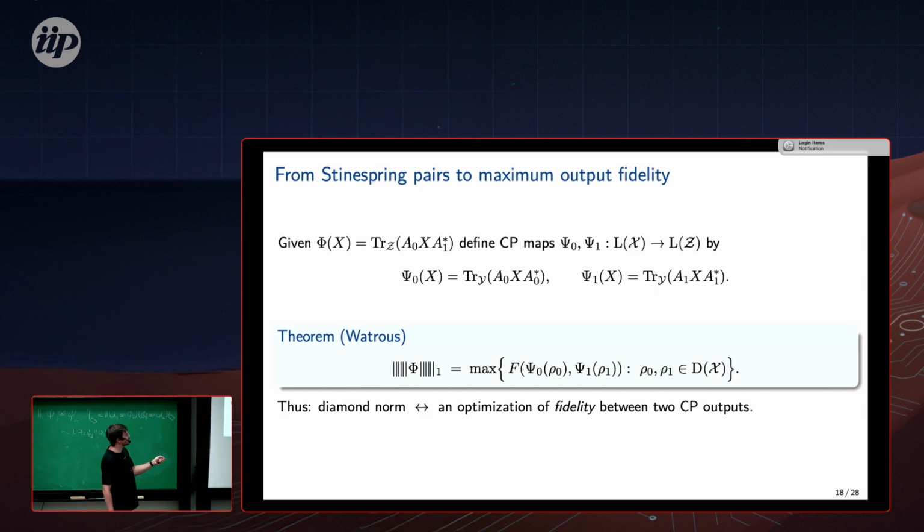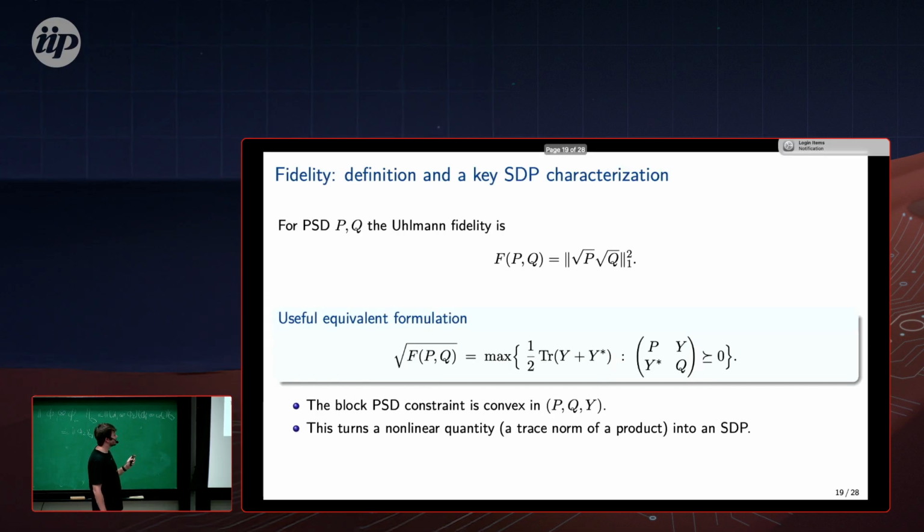Remember, they always exist for any completely positive map. Then he showed that the diamond norm is the same as the maximum fidelity between the outputs of psi 0 on rho 0 and psi 1 on a certain rho 1, where we are allowed to optimize over these states. So it takes some effort to get this decomposition.